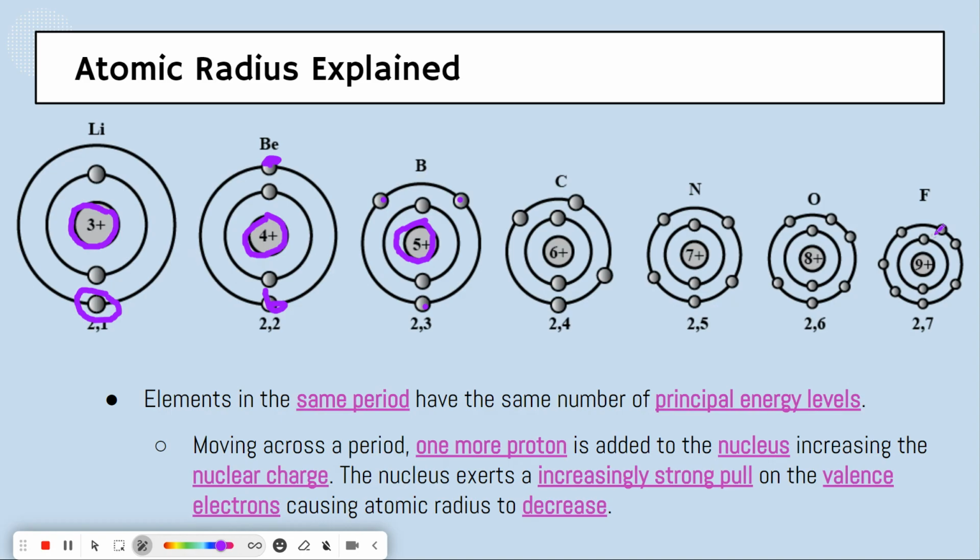I want you to think of like a tug of war between the nucleus and the valence electrons. In lithium, there's a positive 3 charge, and that positive 3 charge is going to pull the valence electrons towards the nucleus.